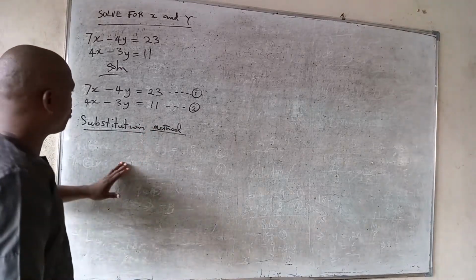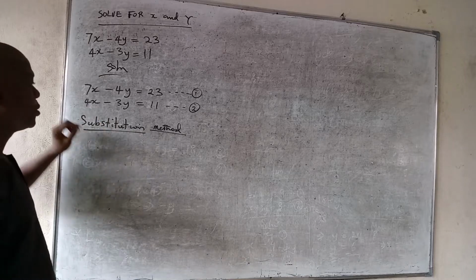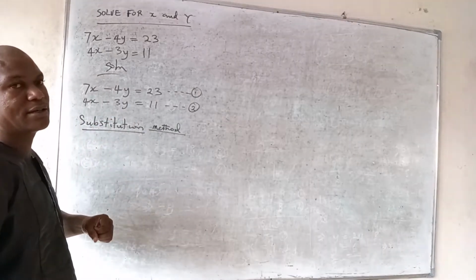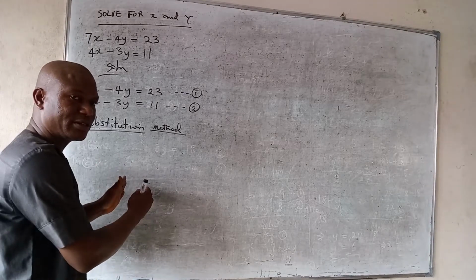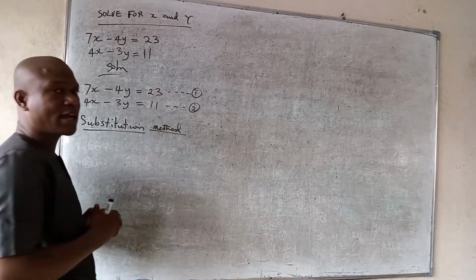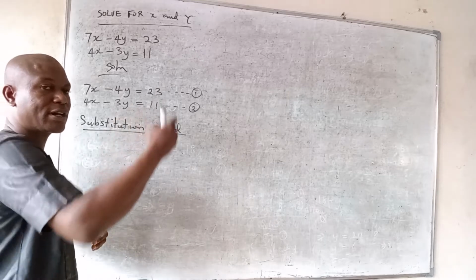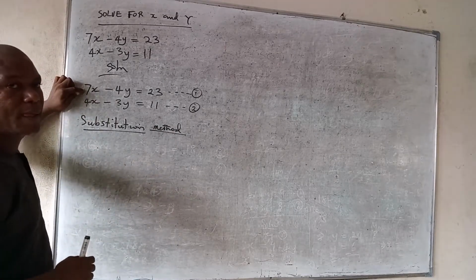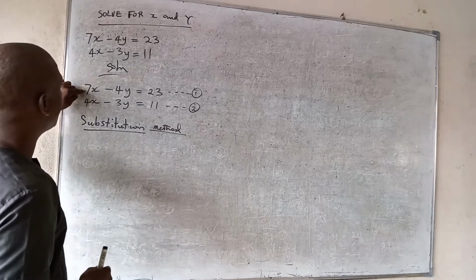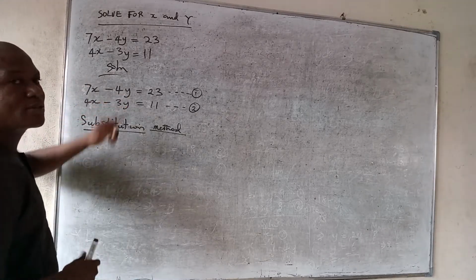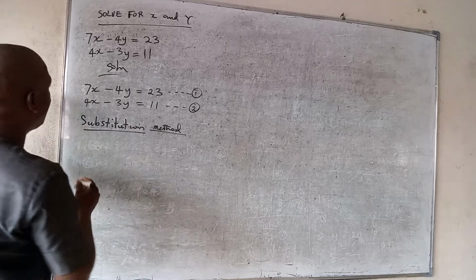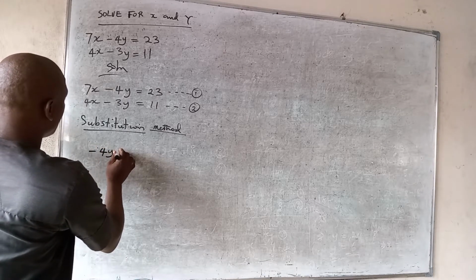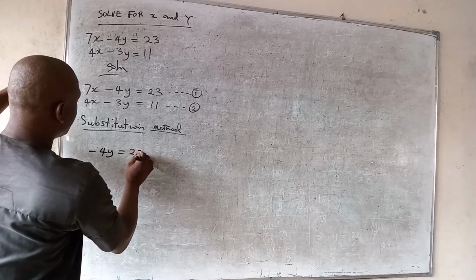By substitution, what is required is that you make one variable the subject of the formula and use the expression to substitute in the other equation to solve for the other variable. So if this is equation 1 and we decide to make the variable y the subject of the formula, we would have minus 4y being equal to 23.